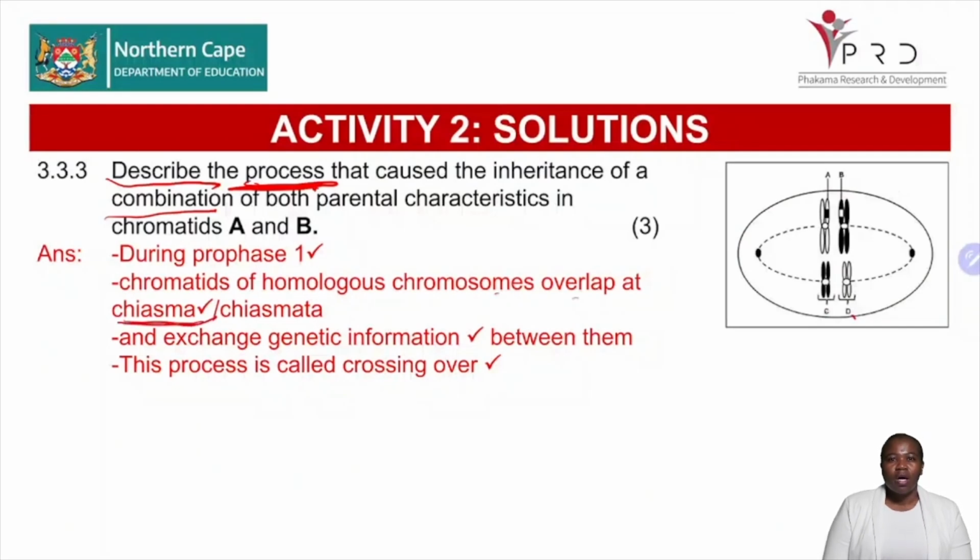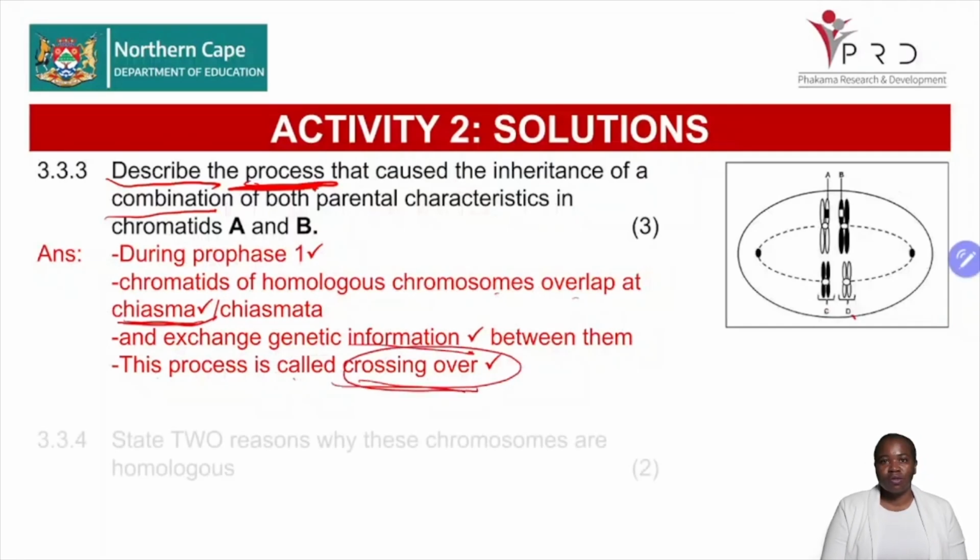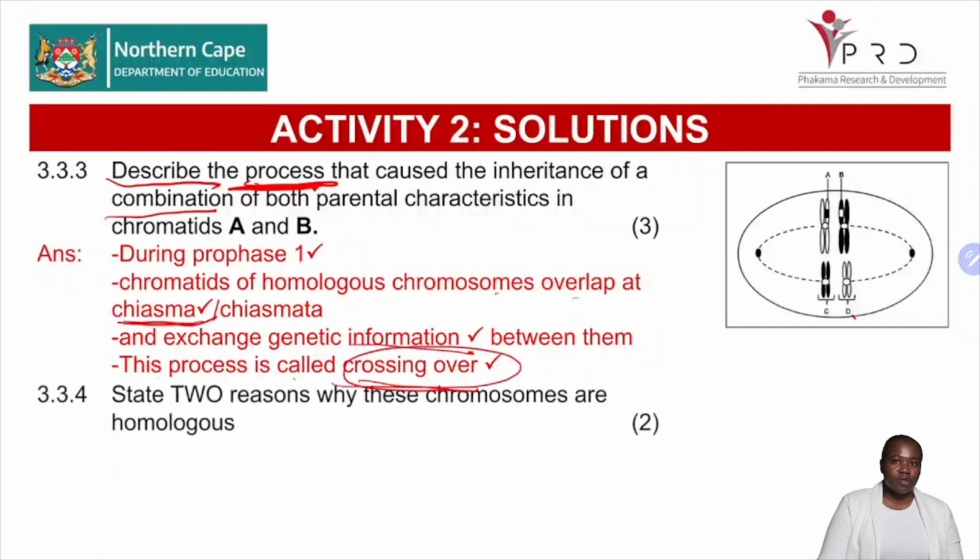Whenever you talk about crossing over, make sure that you mention chiasma, right? And exchange genetic information between them. This process is called crossing over. So if the name of the process is not mentioned, make sure that you mention the name to score a mark for that. If it has been mentioned, there is no need to give the name, but you can always just mention it to be safe.